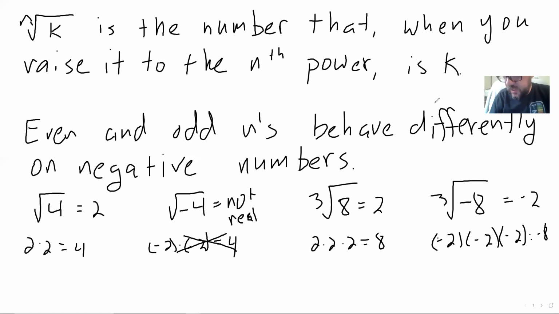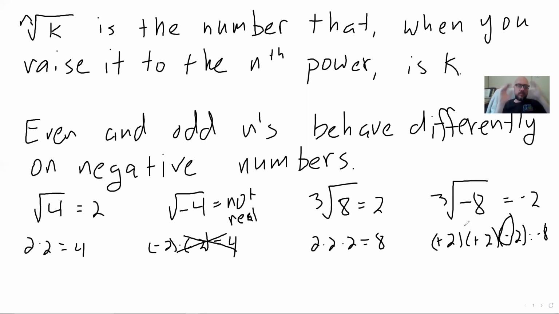These two negatives cancel out and become positive, but that leaves me an extra negative left over to make the negative 8. So basically you can take the square root of positive numbers, but not negative ones. And you can take the third root of positive numbers or negative ones.